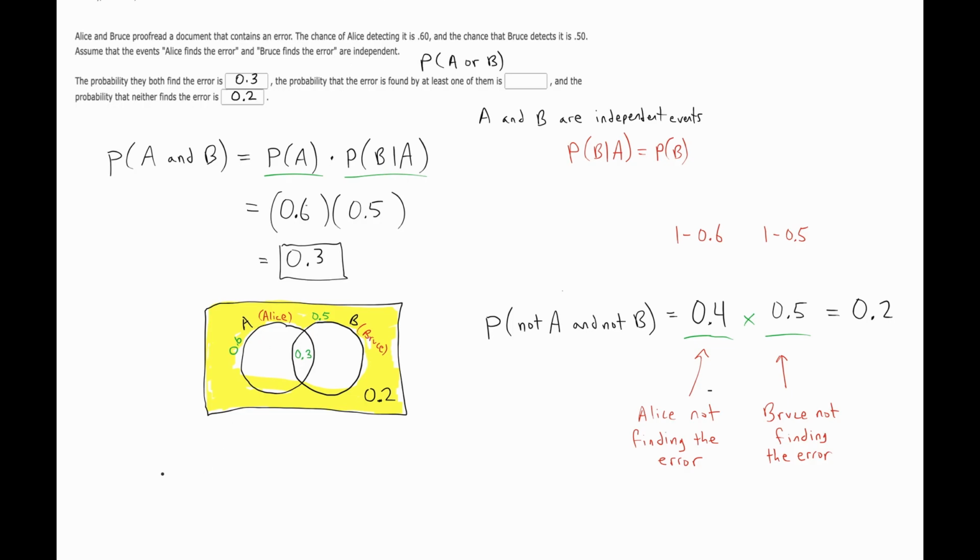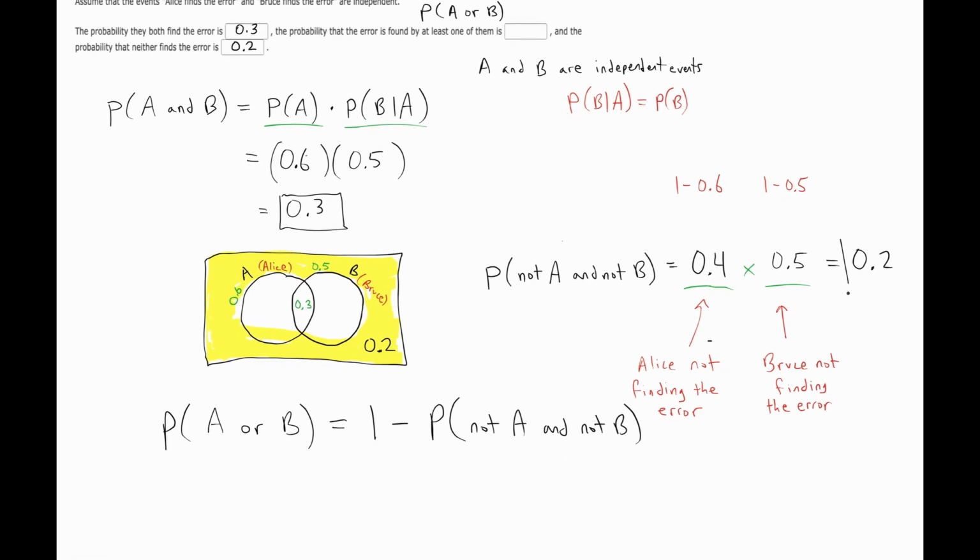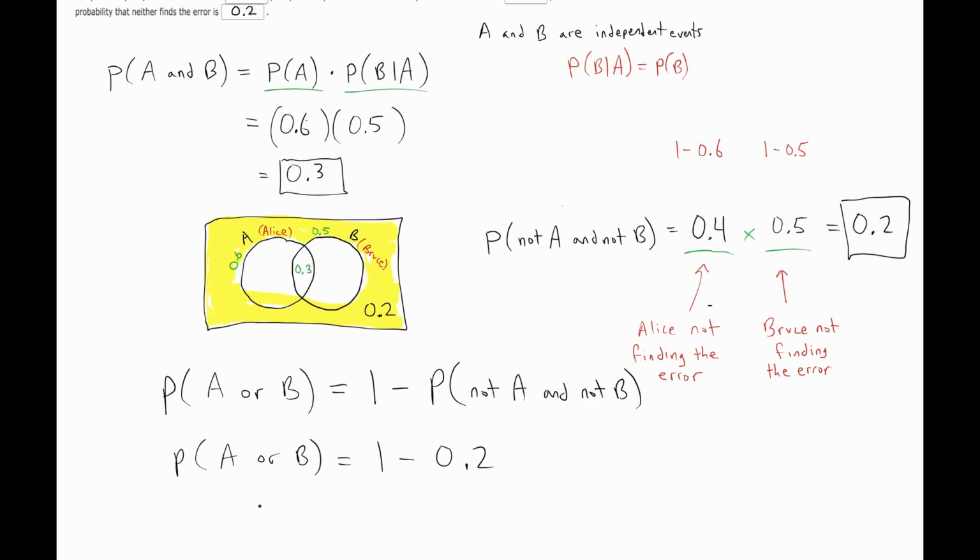And so that can be found by the complement idea, where you have the probability of A or B will equal 1 minus the probability of not A and not B. Because we know the probability of not A and not B now. So it's going to be 1 minus 0.2, which is going to be 0.8.